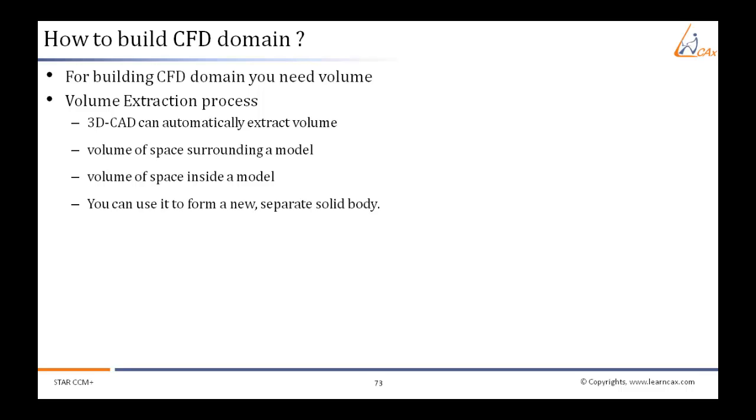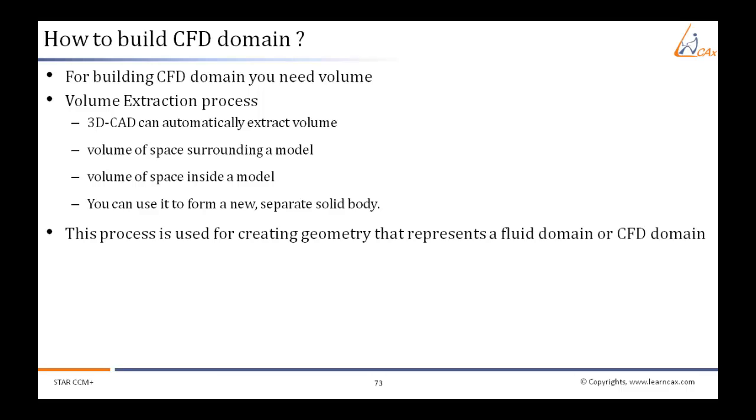We can use this extracted volume to create a new separate body as well, which can also act as a volume for building CFD domain. This volume or geometry will finally represent a fluid domain or CFD domain. It is inside this volume that *CCM Plus will solve the CFD equations.